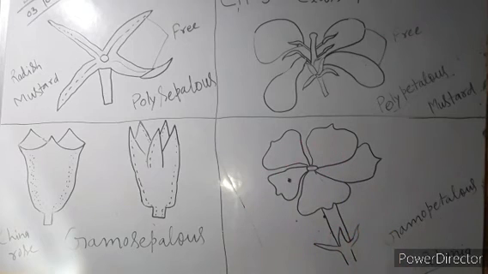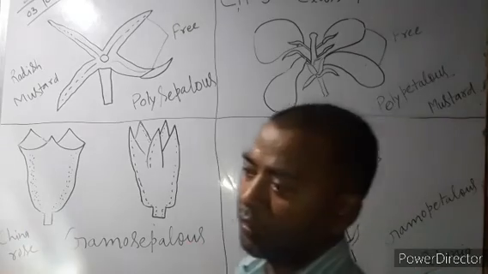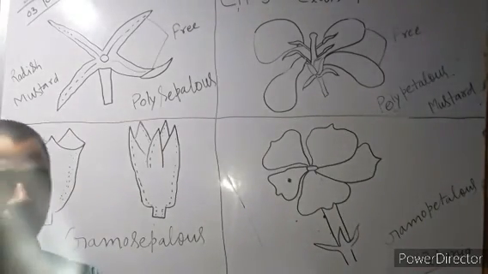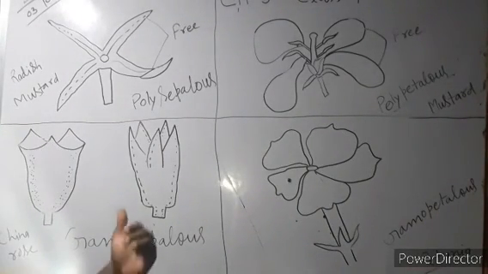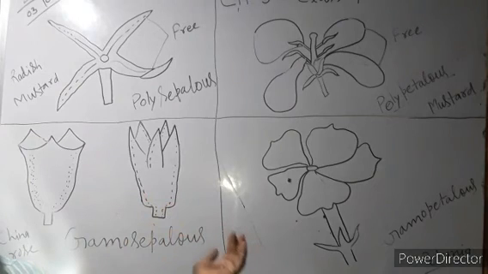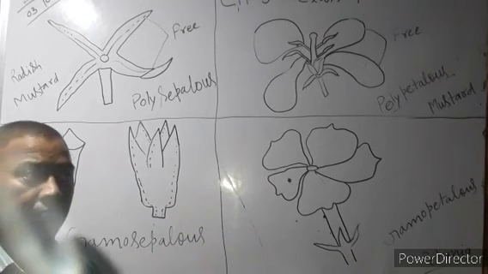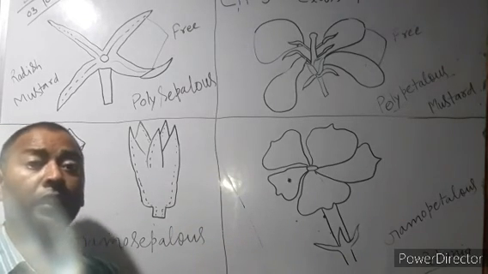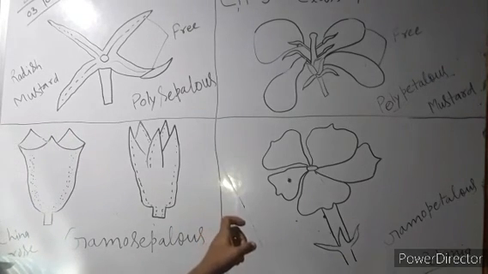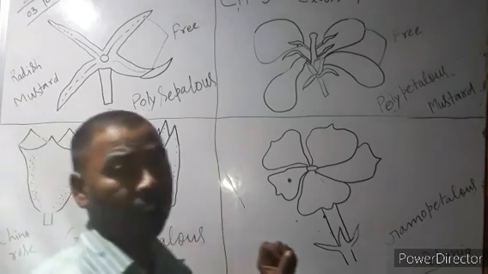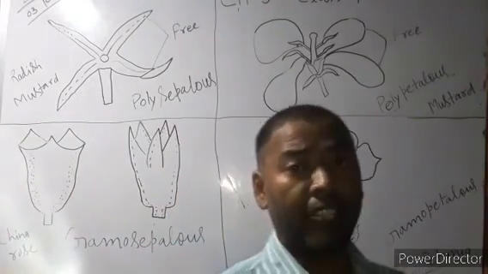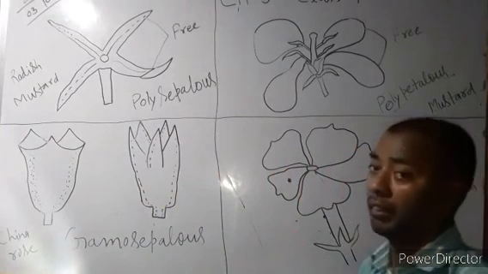Apart from that, after the second whorl of the flower, on its inner side two more whorls are there, which are very important, or you can say the essential whorls. And what are they? Anther and pistil, or you can say the male and female parts of the flower.